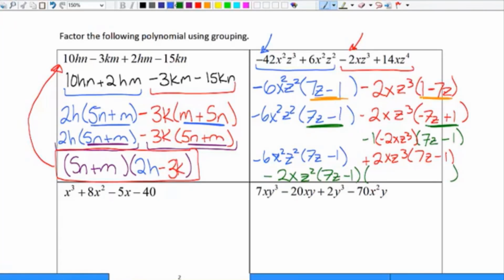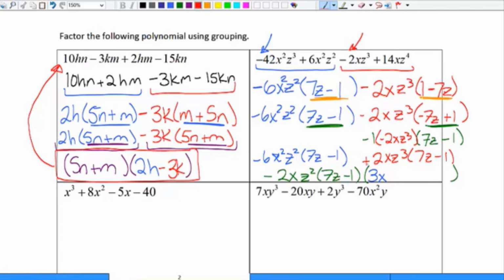I have two terms left, the blue term left and the red term left that I need to write. So negative 6 divided by negative 2, that's positive 3. X squared divided by x, that's x. Z squared divided by z squared, that's 1. I don't need to write it. The parentheses divided by the same parentheses, that's 1. I don't need to write it.